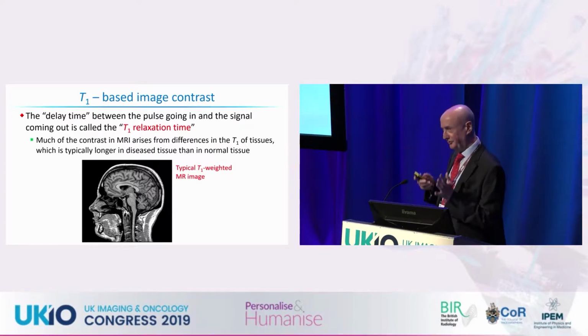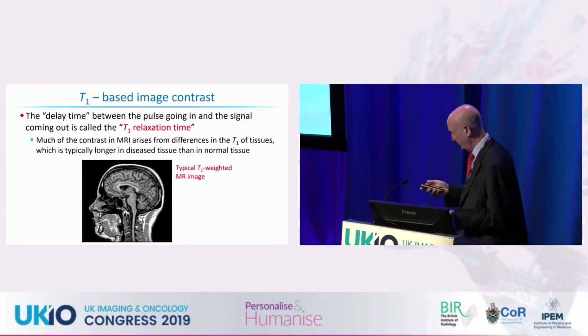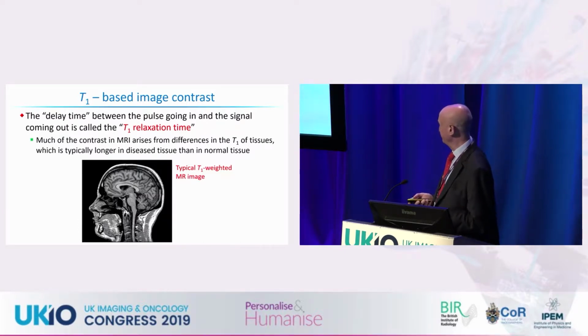So the T1 tends to be longer in diseased tissues, cancer, for example, than it is in normal tissues. And you can encode those differences into the intensity of the images in a T1 weighted image, for example, and that is very useful from a diagnostic point of view. So that's been known since the start of MRI.